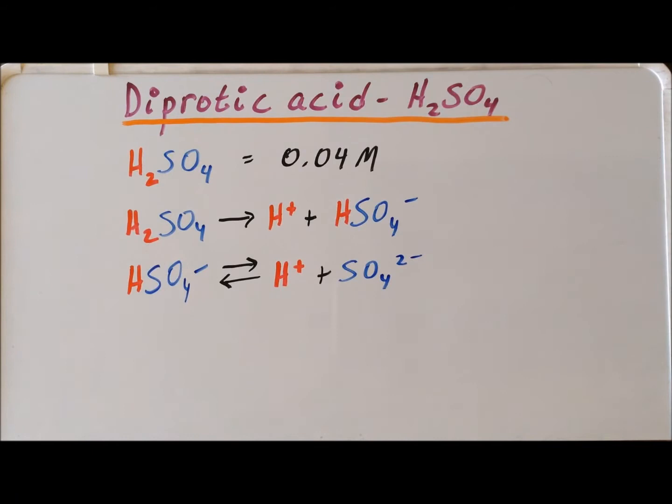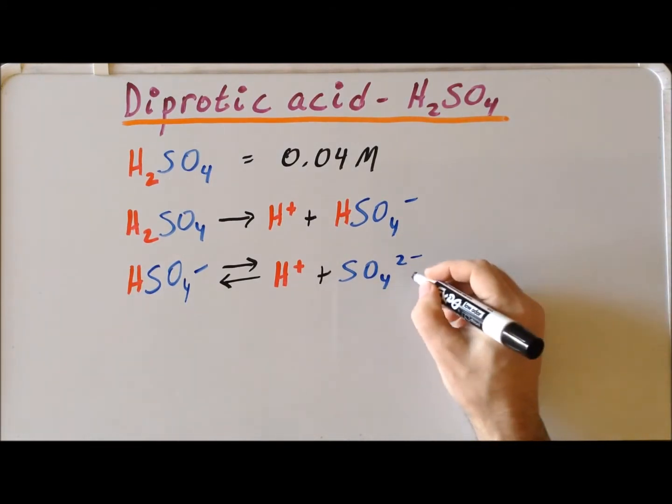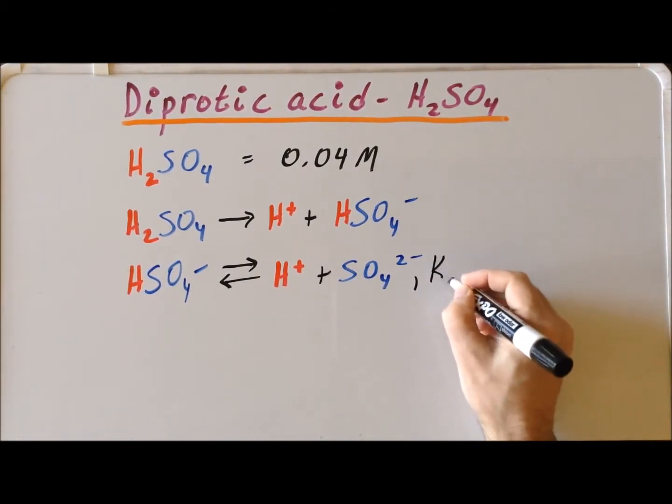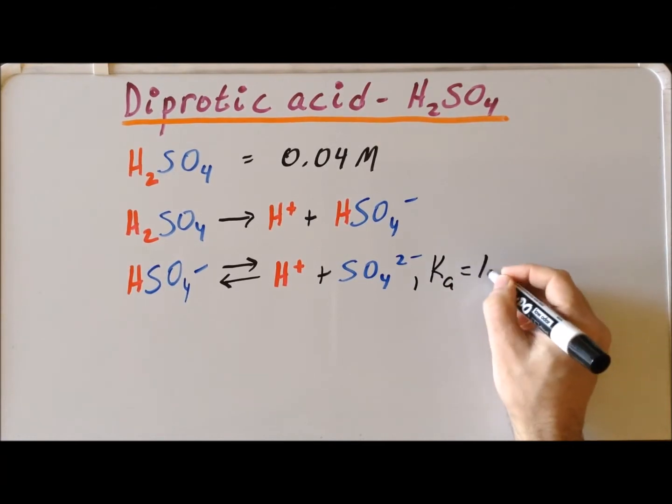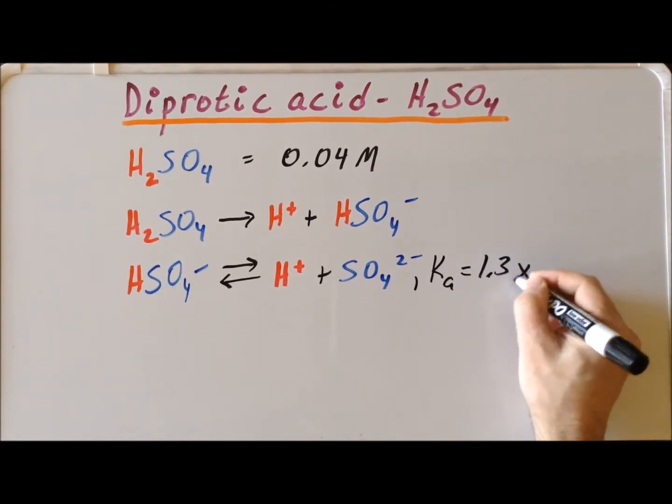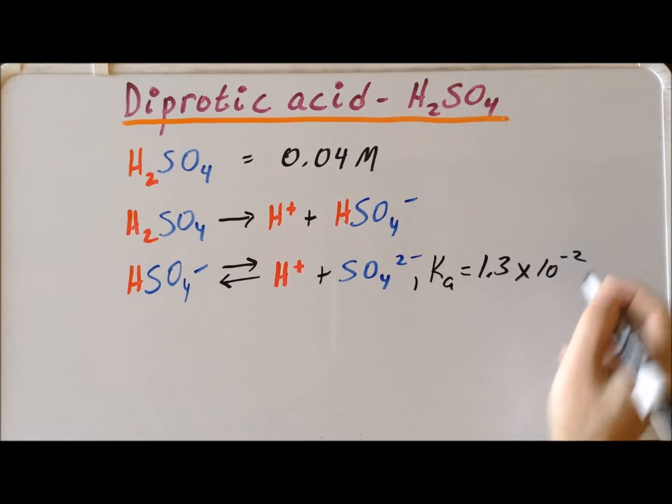Now here we are careful to write the equilibrium with two arrows because bisulfate is a weak acid, and the acid dissociation constant is 1.3 times 10 to the minus 2.